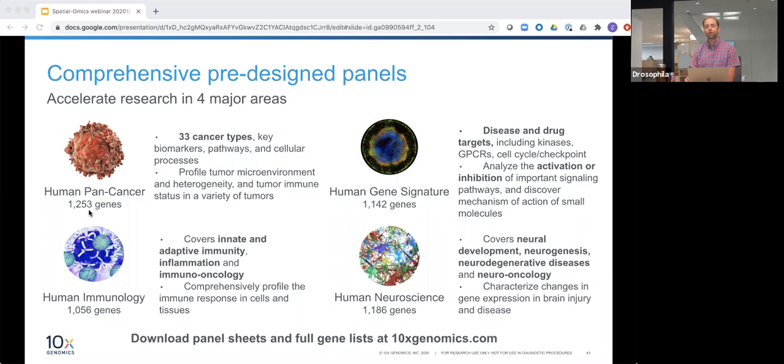And when we launch the spatial targeted, we'll also be releasing the human neuroscience panel. This will be a new panel that will come out in the coming weeks that covers neural development, neurogenesis, neurodegenerative diseases, and neuro-oncology applications. And you can see for any of these panels the full list of genes that are in there at our website.